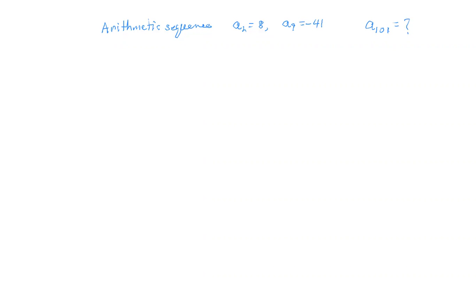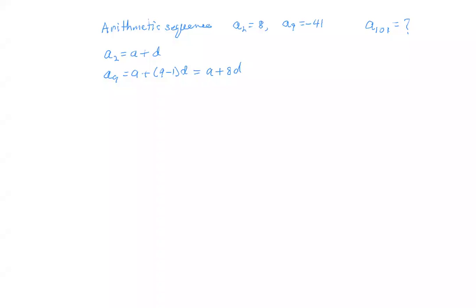The way to find it is this. Remember, A sub 2 is actually A plus D, right? And A sub 9 is A plus 9 minus 1 times D, which is A plus 8D.